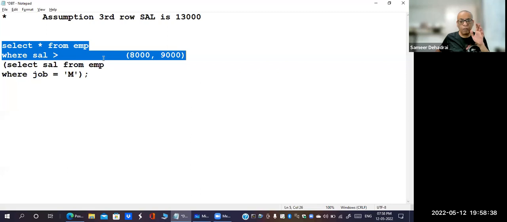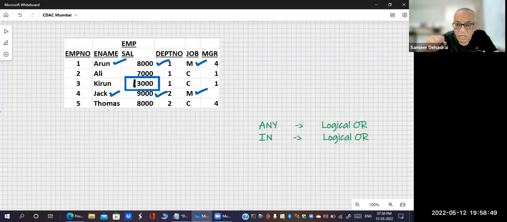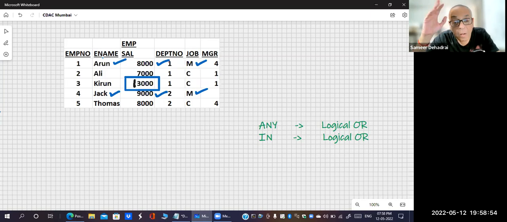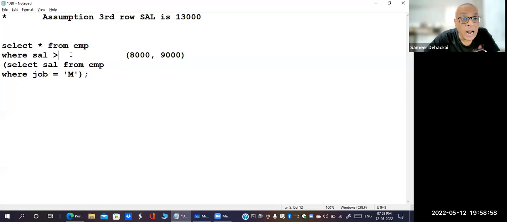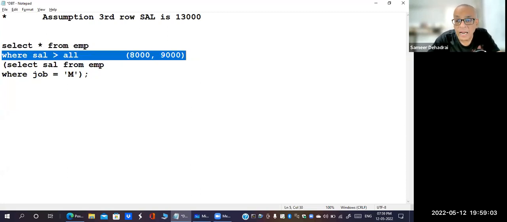I want to perform logical AND here. If you want to perform logical OR, you can use the IN operator, you can use the ANY operator. But I want to perform logical AND here, so I can say where sal greater than all.